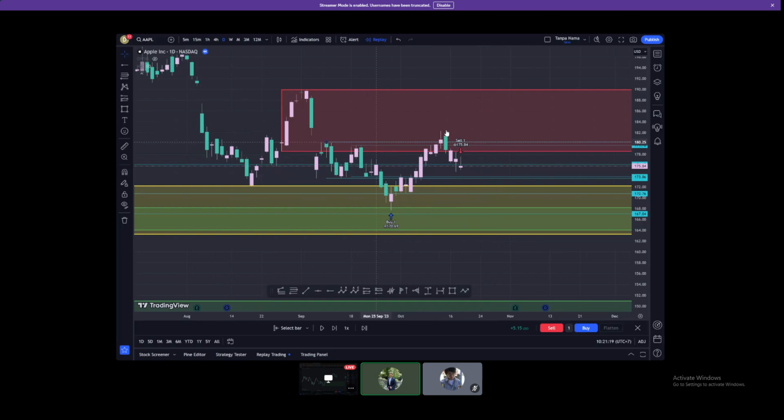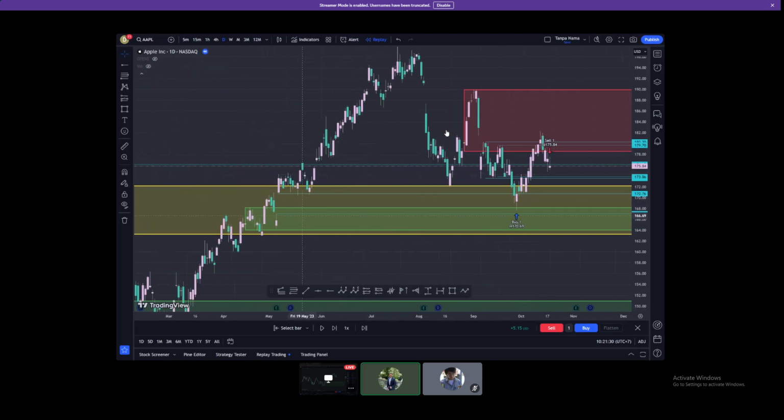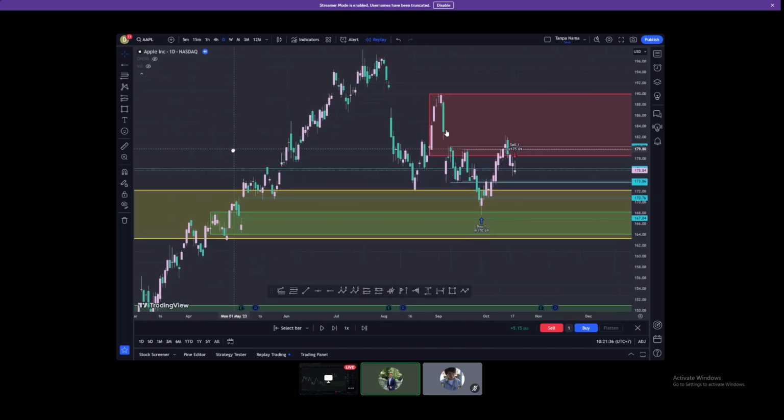Generally speaking, in stocks specifically, whenever there's a gap up and there's a resistance zone on the higher time frame where the gap is formed, the market is drawn into the resistance zone to fill the gap. Once the gap is filled, the inefficiency is filled, and the market is going to reject the resistance and come down.